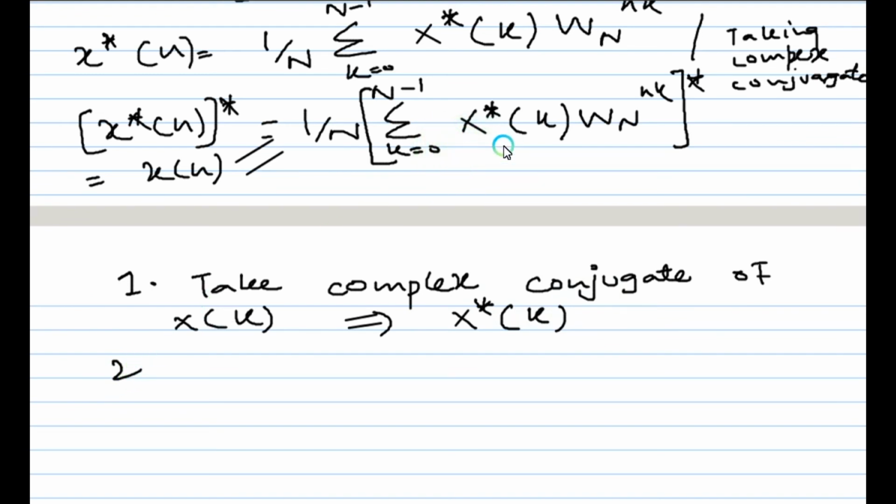So the next step is, if we look at this formula, the one inside this conjugate, it's x conjugate k Wn nk, and summation k running from 0 to n minus 1. So this is basically the DFT of x conjugate k, fine. So the second step will be to compute the N-point DFT of x conjugate k.